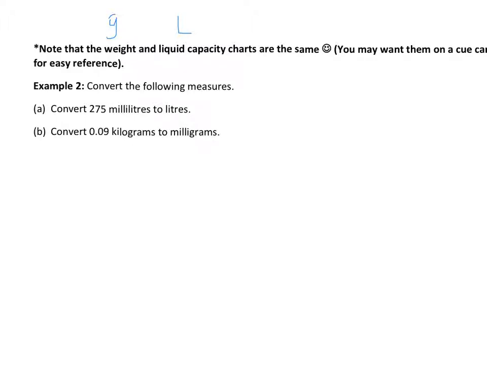So in step A, I'm going from milliliters to liters. So I'm going up 3 steps. So I'm dividing by 1,000, or moving the decimal place 3 spaces.